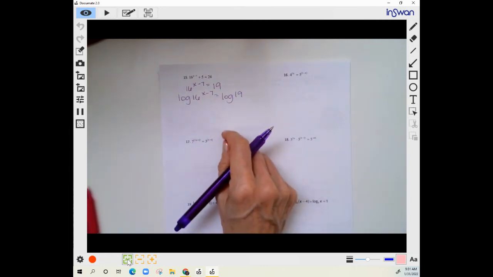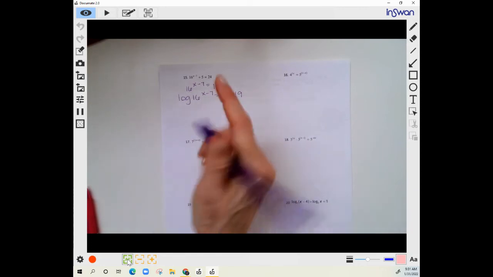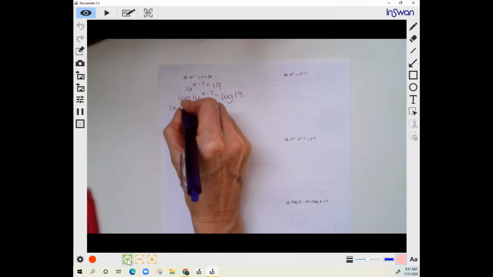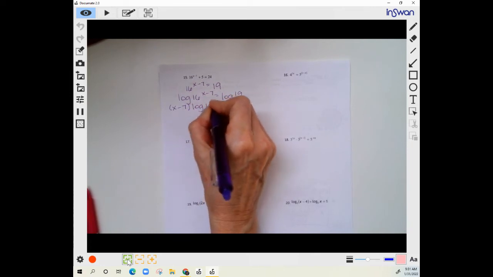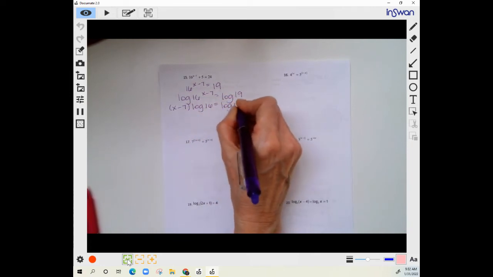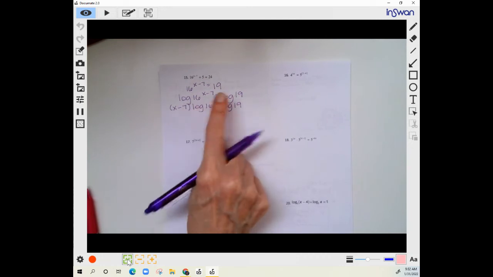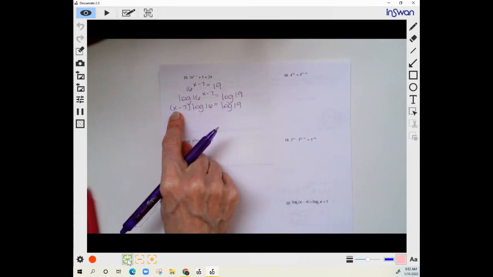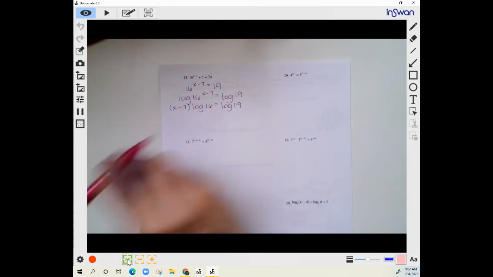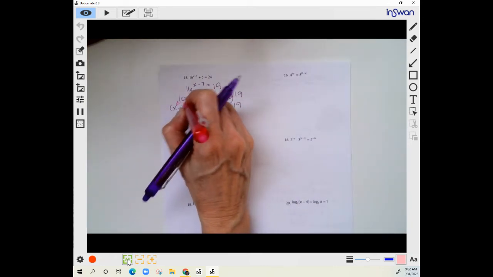And then any exponents get expanded to coefficients. So I have 1 over here. So I'm going to move x minus 7 out front as a coefficient. If the exponent that you're changing to a coefficient is a binomial, you want to distribute that. So I'm going to distribute this like that.